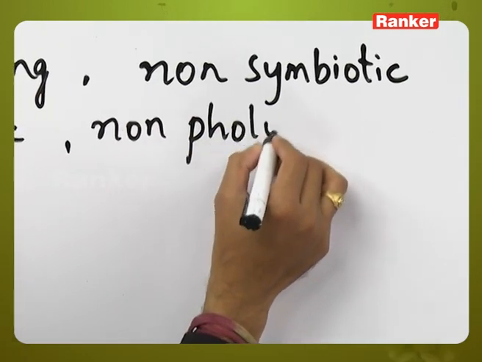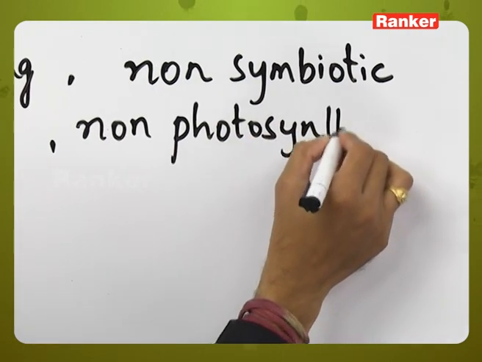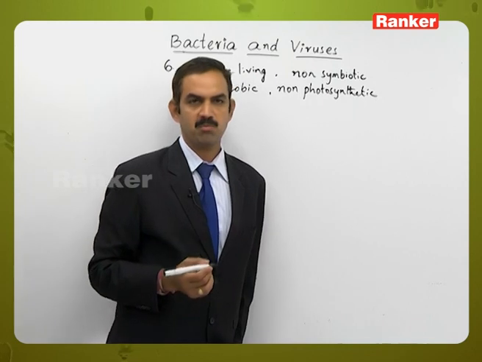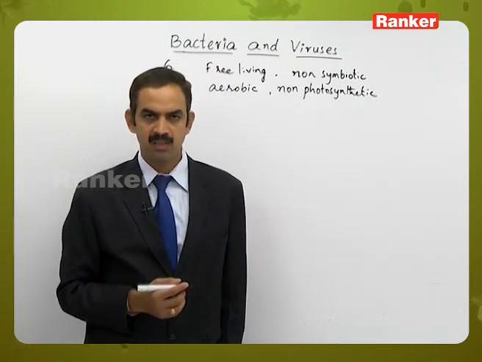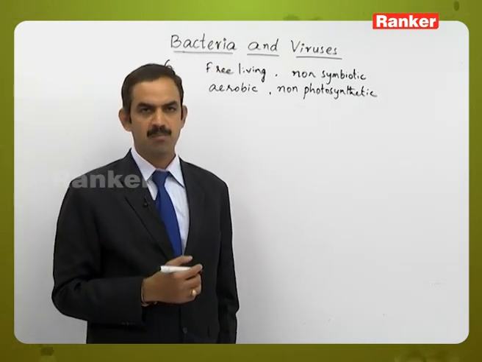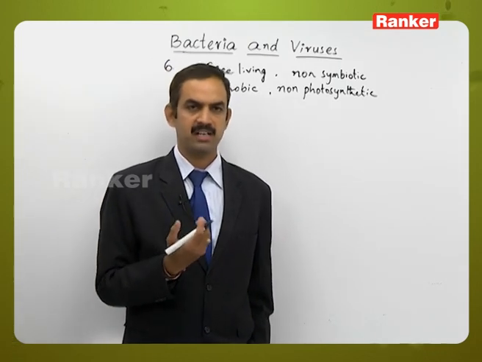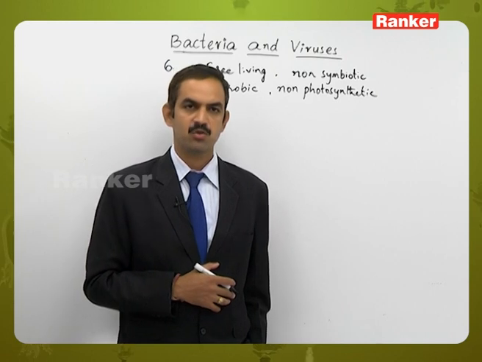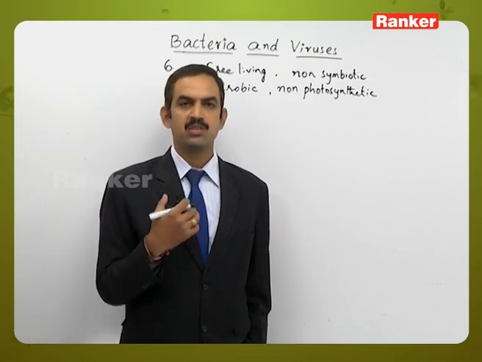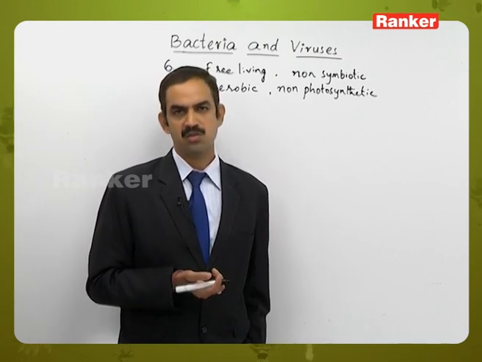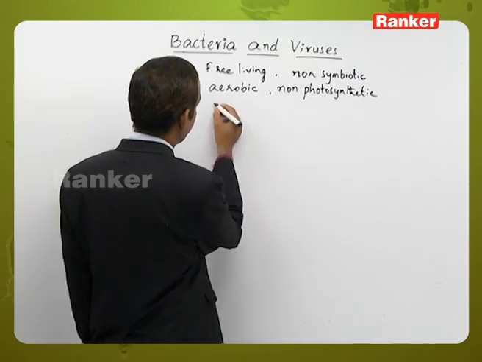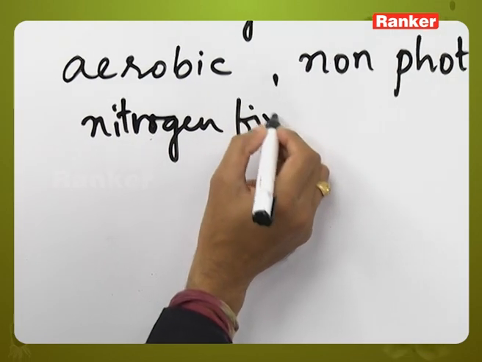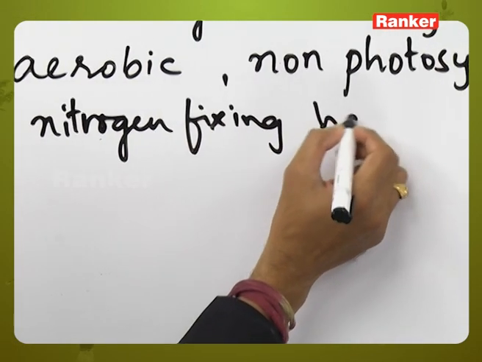And non-photosynthetic. Photosynthetic means which performs photosynthesis and prepares its own food material by trapping carbon dioxide, solar energy, and water. So non-photosynthetic means it should be a parasite, or depend upon the host for its nutrition. And nitrogen fixing bacteria.